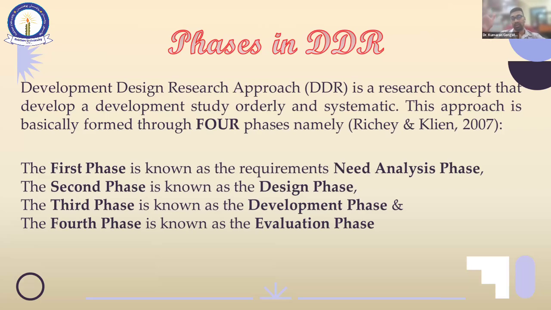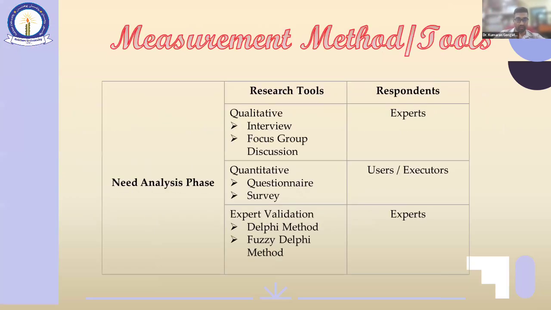Okay, so when we talk about each phase, each phase has its own tools and its own respondents. For example, when we're talking about need analysis, we can use qualitative, quantitative, or expert validation, depending on what we want to use.